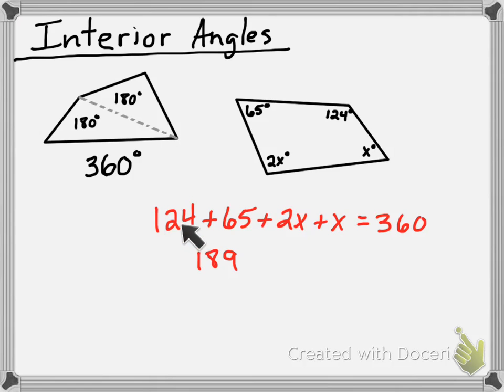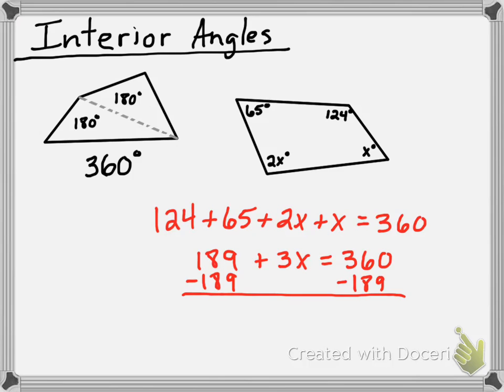Okay, so I'm combining like terms. 124 plus 65 is 189. 2x plus x is 3x. So I have 189 plus 3x equals 360. That's a two-step equation. How do I get rid of the 189? I subtract 189 from both sides, and I get 3x equals 171.